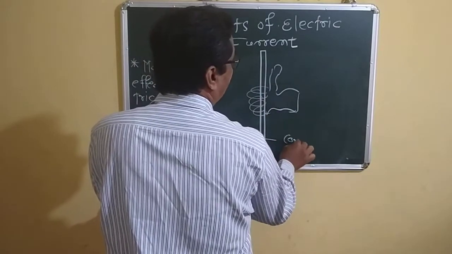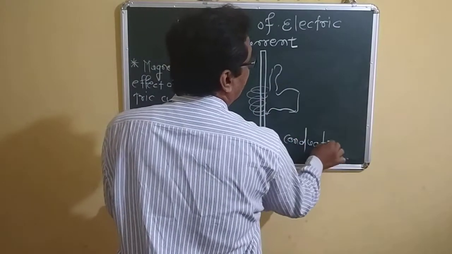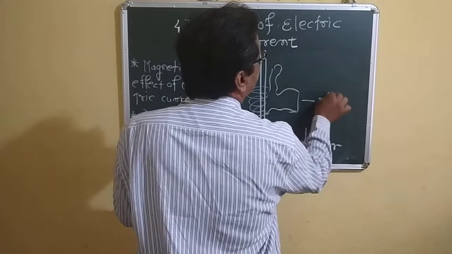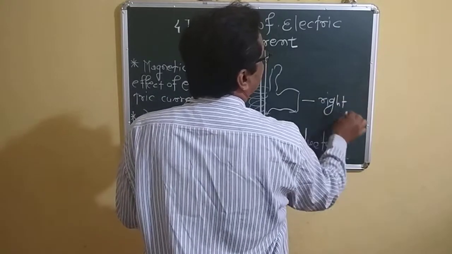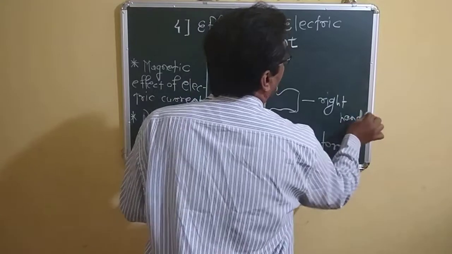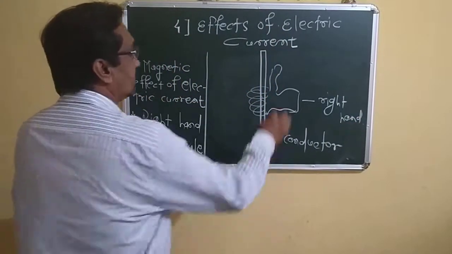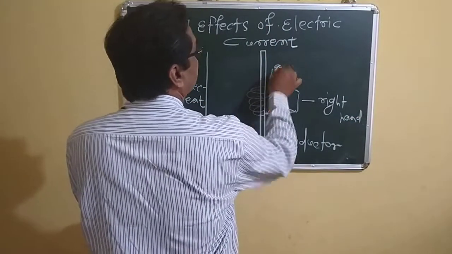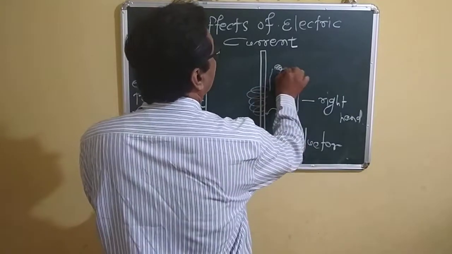This is the conductor, this is the right hand, this is the thumb.